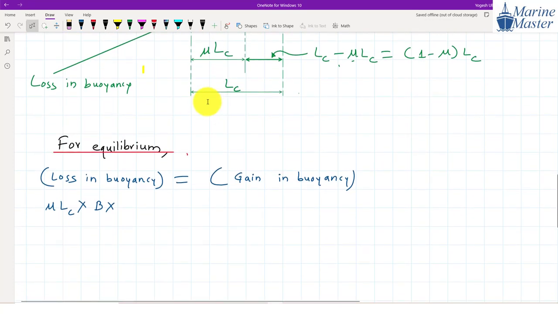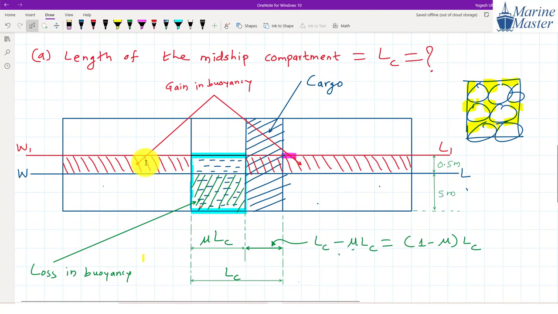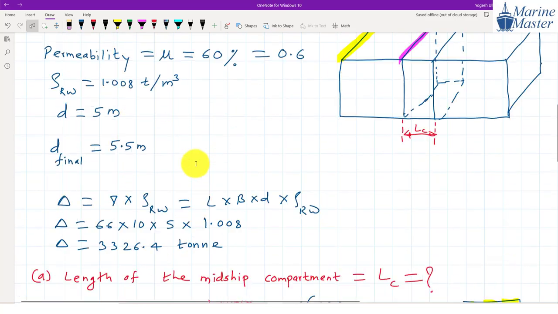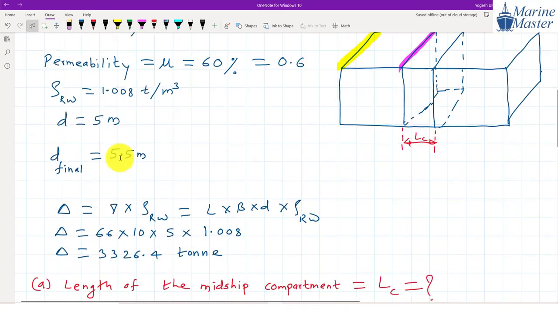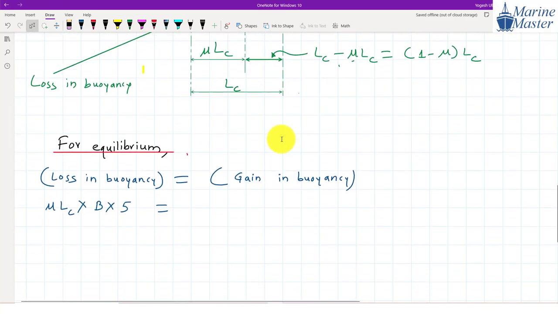Then the gain in buoyancy, the red one: first, how much is the length of this portion where we are gaining buoyancy? The total length is 66, so the length of that portion is 66 minus mu LC.